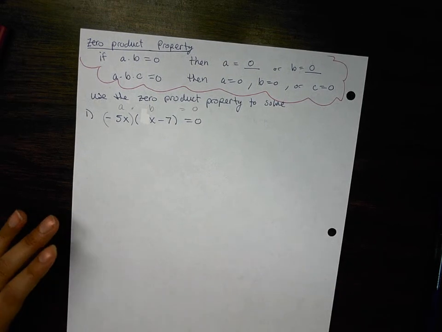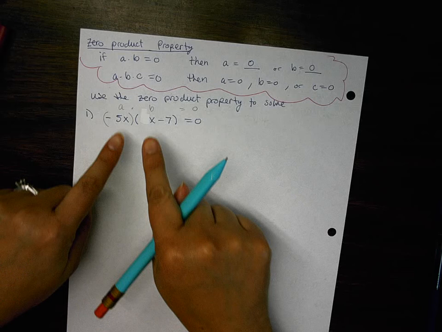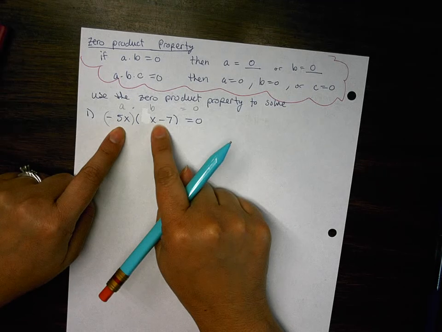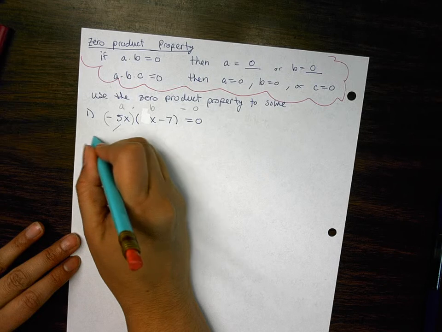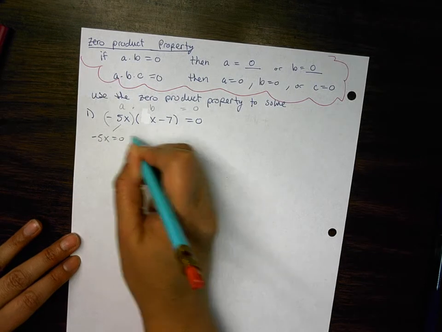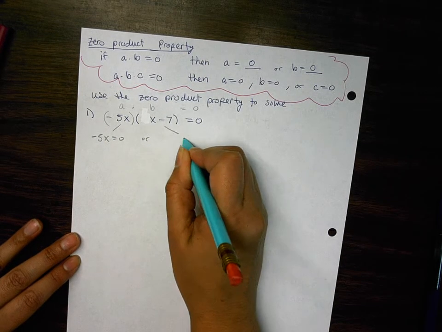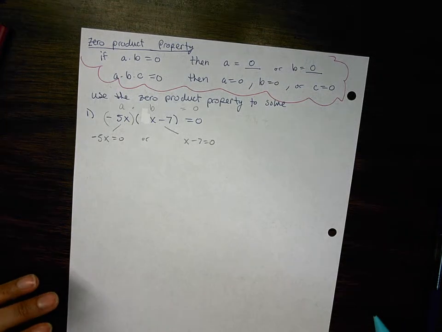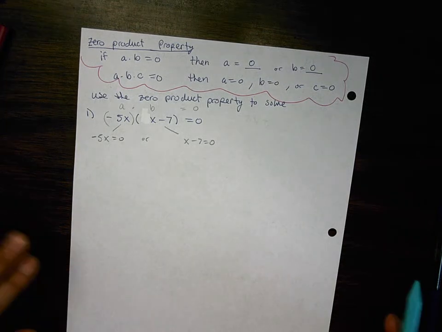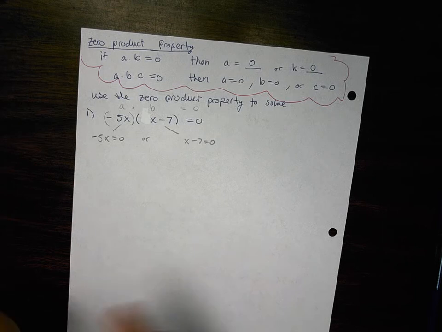Now, zero product property states if 2 or more factors are being multiplied together to equal 0, one of them must be 0. Negative 5x equals 0, or x minus 7 must equal 0. And after that, you simply solve. Let's solve this one. What do I divide both sides by?